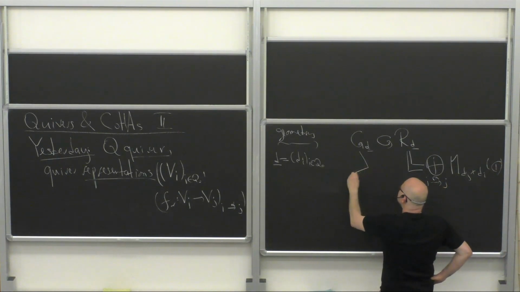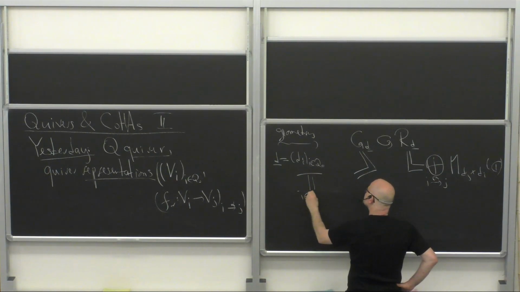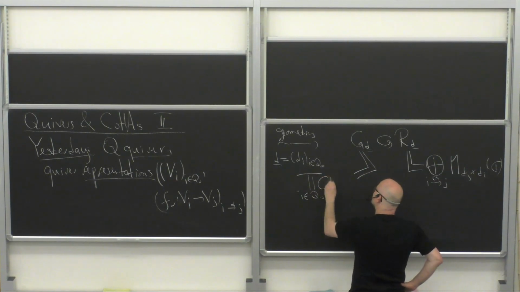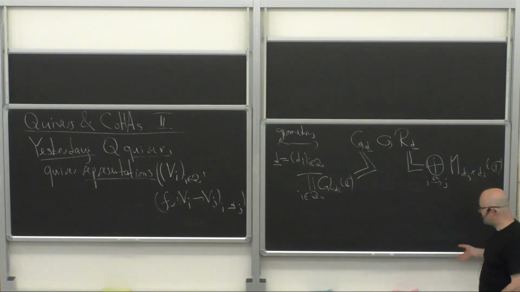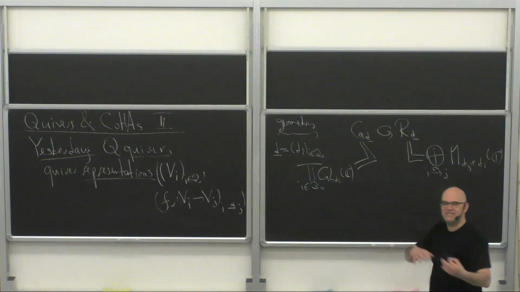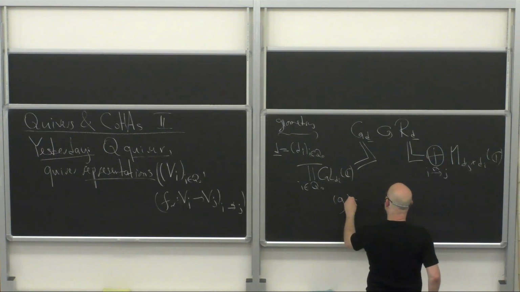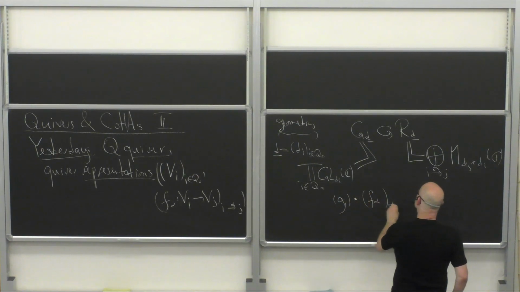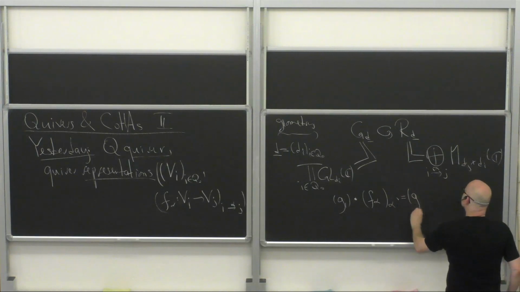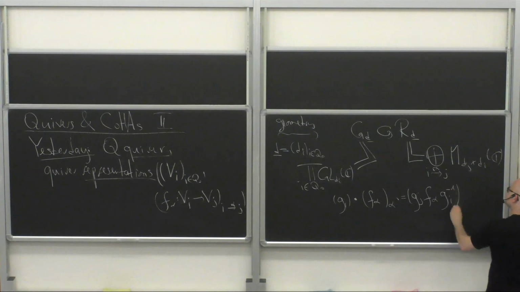The group G_d was a product of general linear groups along the vertices, GL_{d_i}(C), and this action was given by g f g inverse. Let me write it down again, because this action map is so important. g_i acts on f_alpha as g_j f_alpha g_i inverse for all the arrows alpha from i to j.